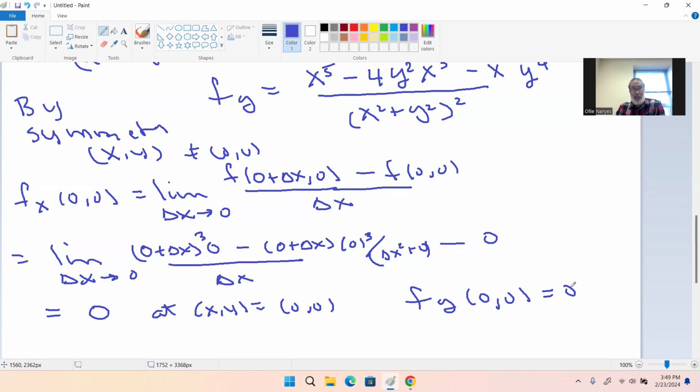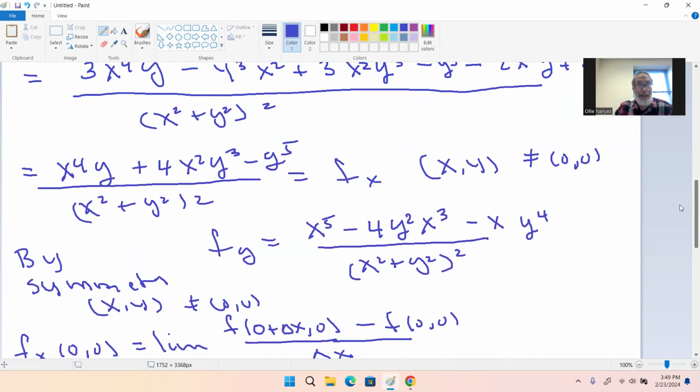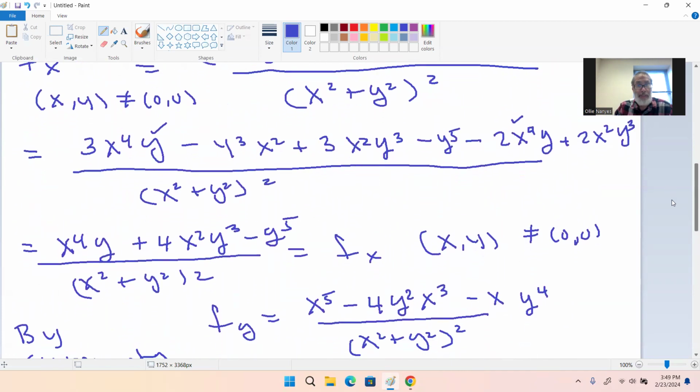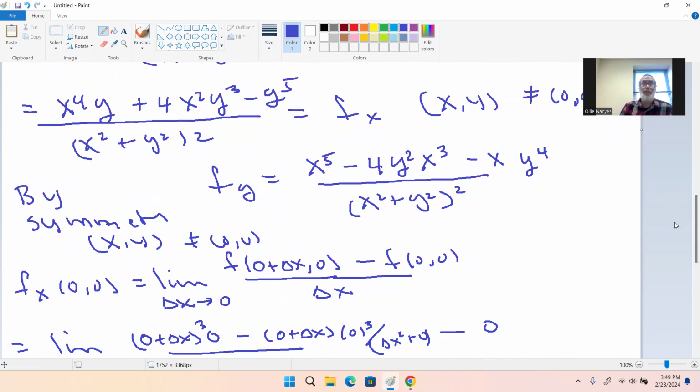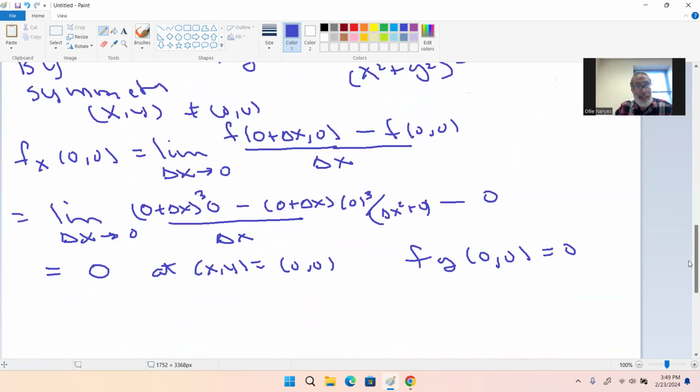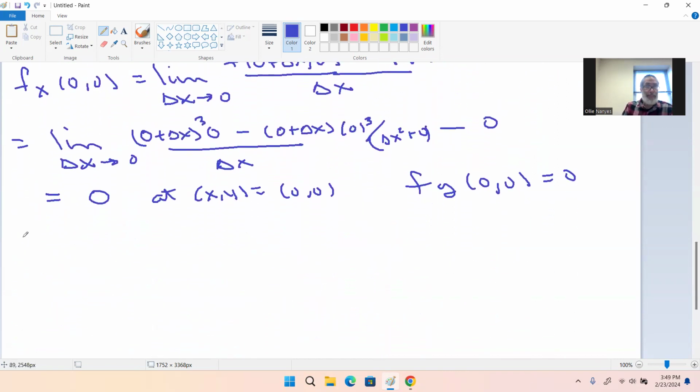What I am going to do is talk about now the mixed partials. So let's take a look. That is, remember, the partial of f with respect to x when we're not exactly at the origin. So now let's calculate f sub xy at the origin.